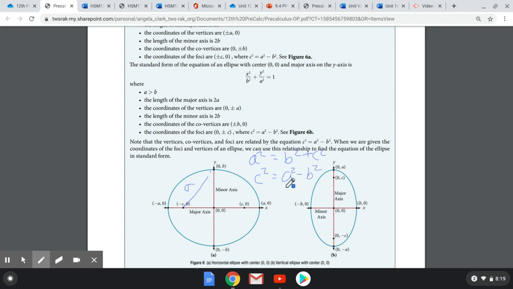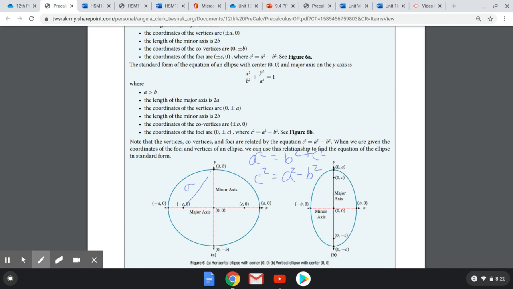That's the relationship we're going to use, but you don't have to memorize it. Know it, but also be able to think through it logically. It comes from this right triangle situation where a is the hypotenuse. If you remember that, figuring out this formula should be pretty easy.